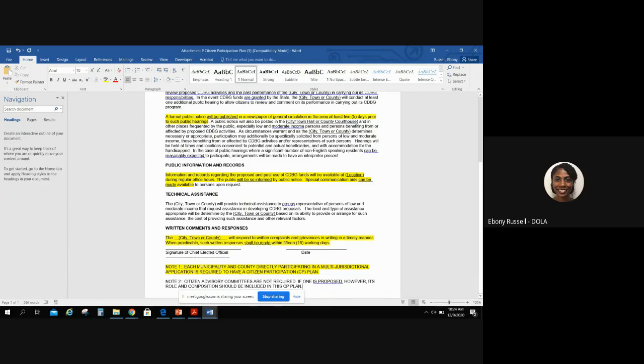And for programs like down payment assistance and single family owner occupied programs, that you will have done this for each county directly participating in the project.